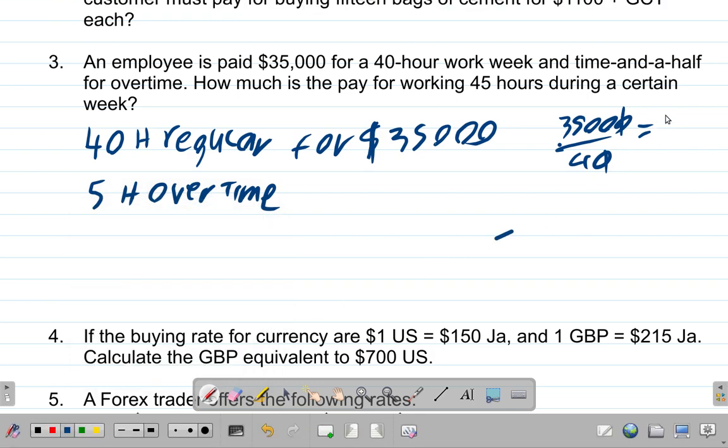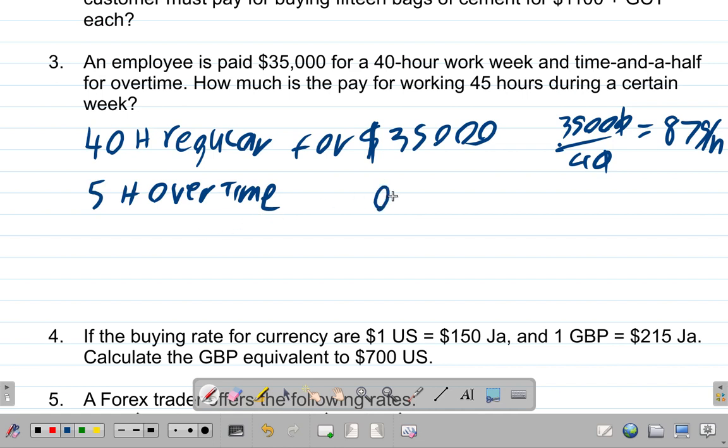So $875 per hour. So that's $35,000 for a 40-hour work week. Now the thing is, that is the amount for regular hours. What about overtime hours?